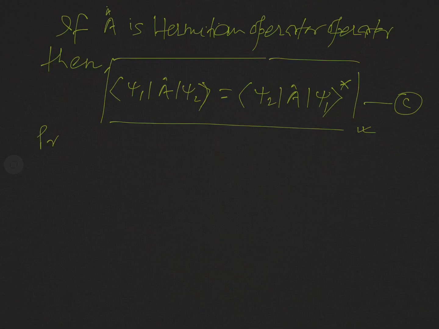So first of all, we see the proof of this very important property of Hermitian operator. To prove this result, let us start with RHS of equation C. You may start with LHS, but here I am going to start with RHS of equation C, and you will see that this RHS is equal to this LHS.